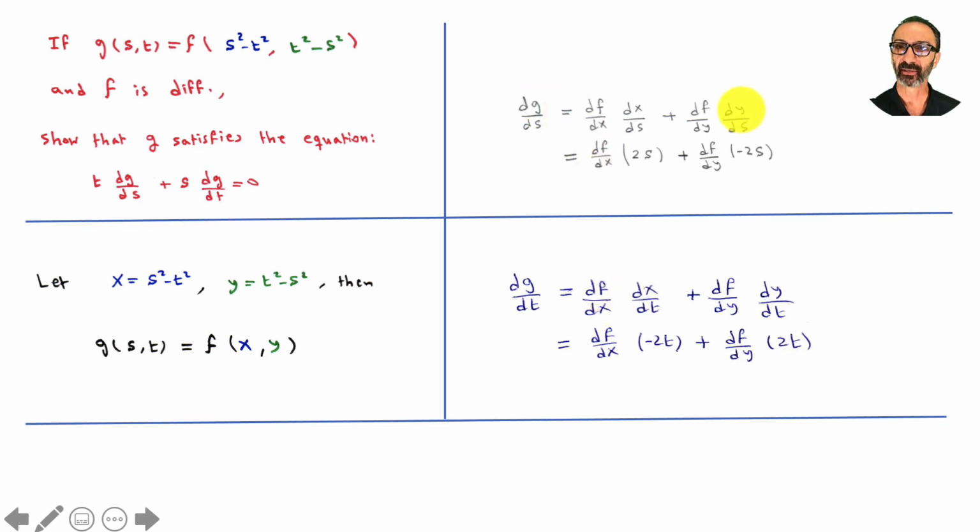We'll just follow the formula. dg ds equals df dx times dx ds, because we're going after s, plus df dy dy ds. df dx is right here. dx ds will be 2s, and the minus t to the second will cancel, will be 0.